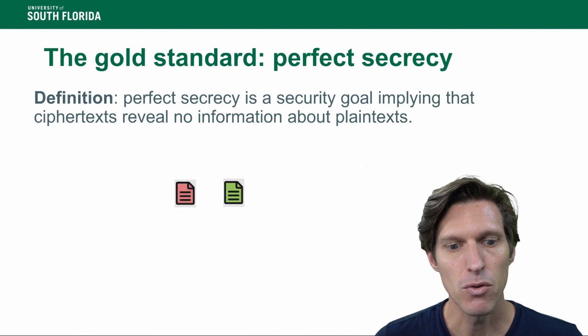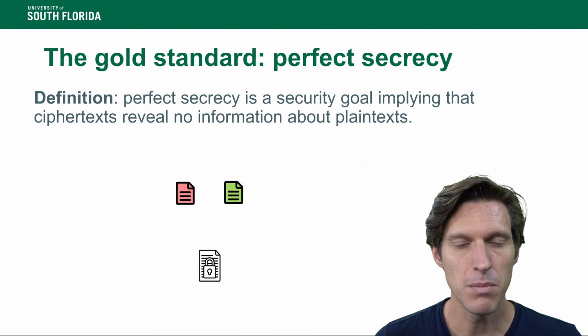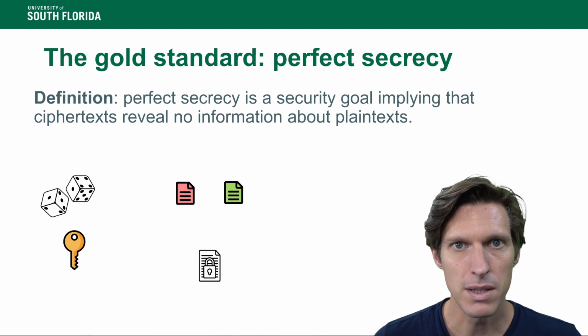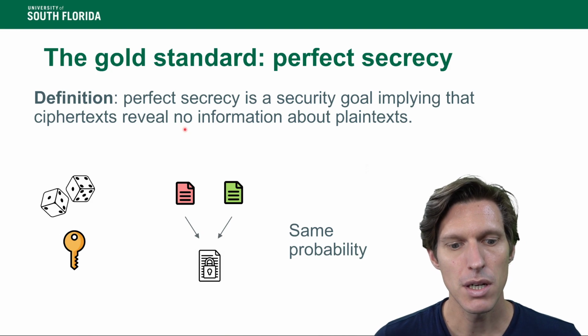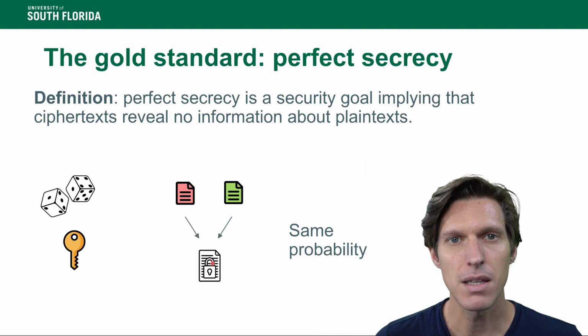The mathematical formulation is that given any pair of plaintext and ciphertext, if you draw an encryption key at random, the probability that each of the two given plaintexts is encrypted into that ciphertext is exactly the same.